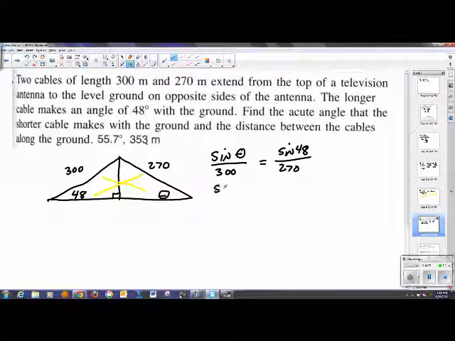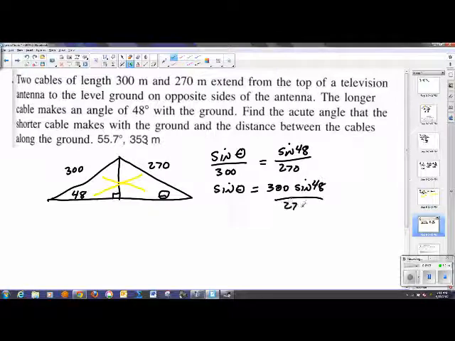Now in this case, the sine of theta is going to be equal to 300 times the sine of 48 over 270.